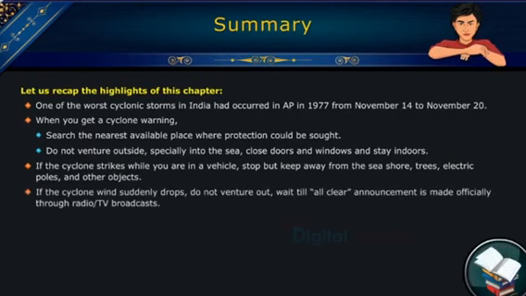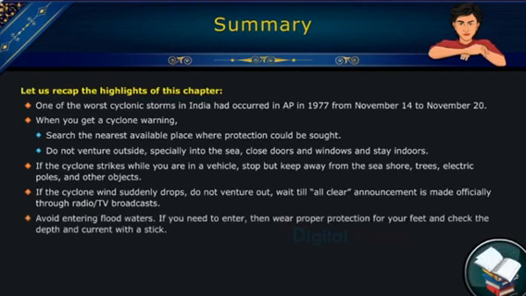If the cyclone wind suddenly drops, do not venture out. Wait till all clear announcement is made officially through radio or TV broadcasts. Avoid entering floodwaters. If you need to enter, then wear proper protection for your feet and check the depth and current with a stick.